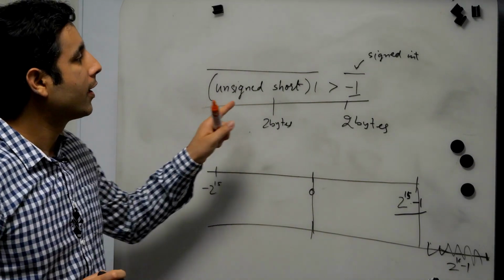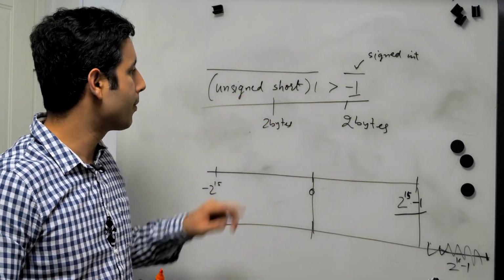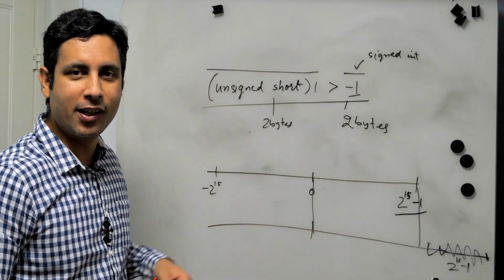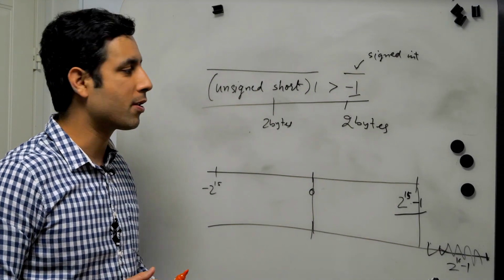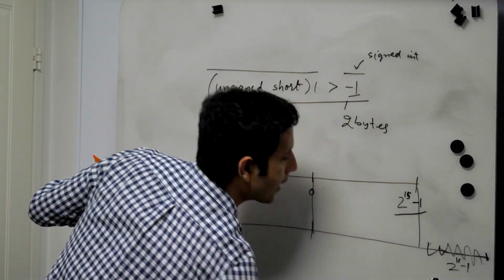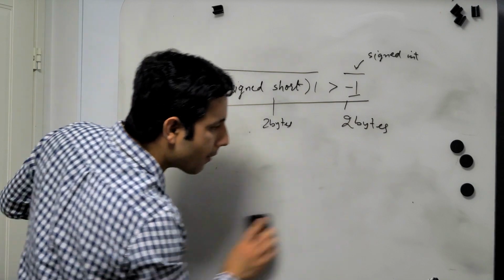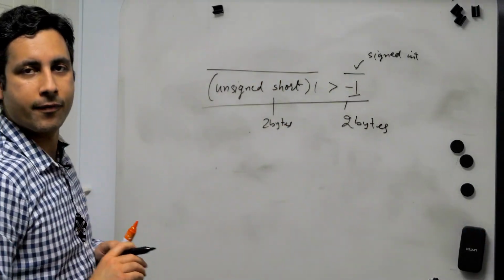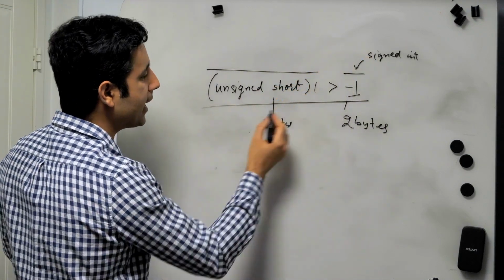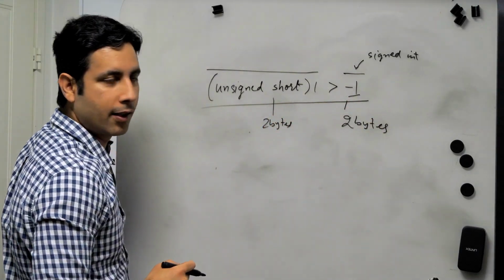So if we apply integer promotions and convert unsigned short to int, we won't be able to represent all values. But what the C standard says here is that then we should upgrade the values to unsigned integer.